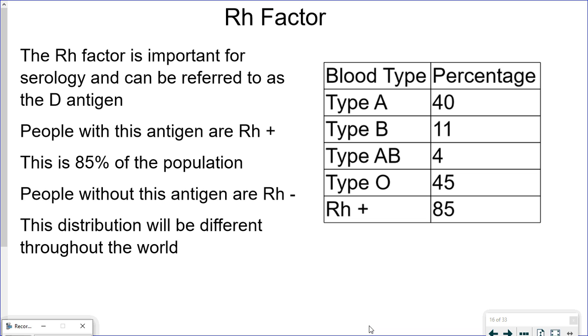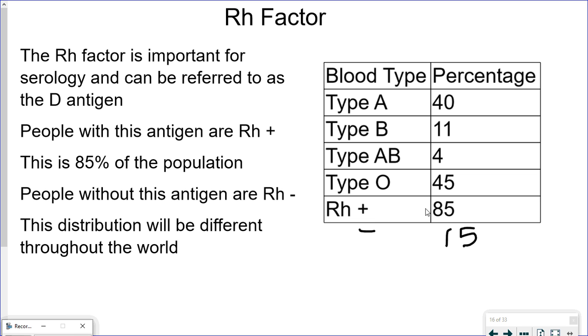And we have a table here of the approximate percentages, but this distribution might be different. You might have areas with more A than O, things like that. If you notice, the most popular blood type is actually O, with about 45% of the population, followed by A, which is about 40%, then B, which is 11%, and the rarest blood type is AB, which is only about 4% of the population.